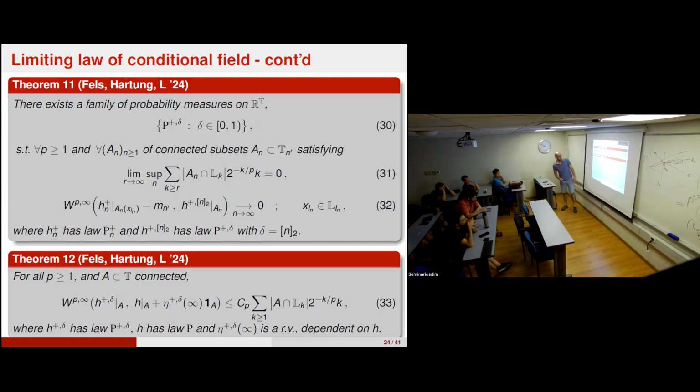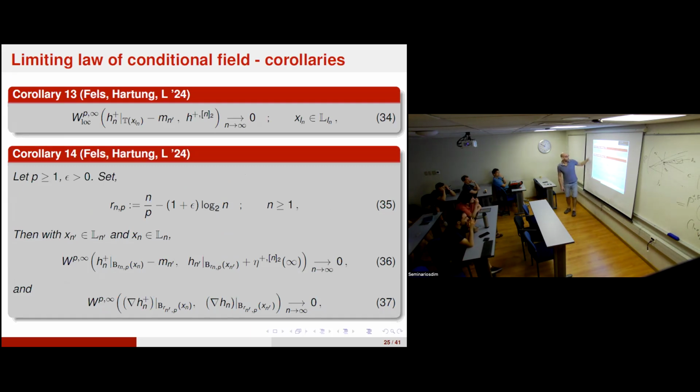Now, how do these two things work together? So here's the first corollary. It tells you that in a local sense, this limiting measure captures what happens here. If you look at finite dimensional distributions in the Wasserstein metric, the branching random walk conditioned on all the leaves to be positive, after you recenter by m_n prime, gives precisely this limiting measure P plus.